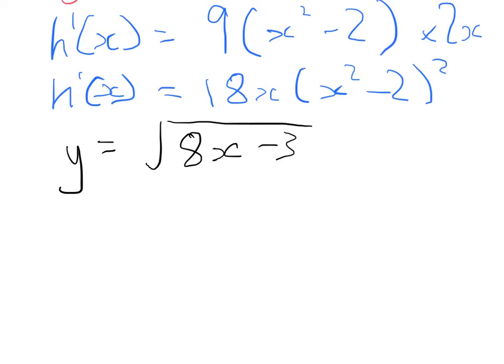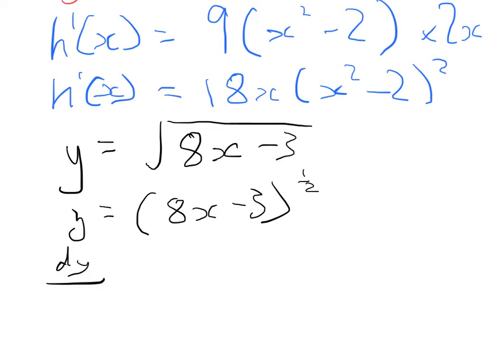All right, so what we've got to do here, that means y is, we could write it out like this. y equals 8x minus 3 to the power of a half. So the first thing that we do is we're going to deal with that to get a dy over dx. We've got to first of all deal with the half.